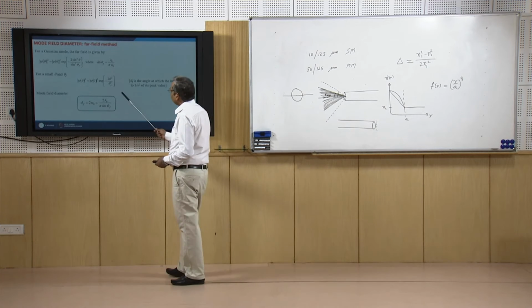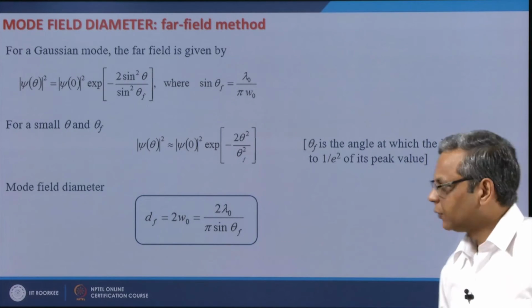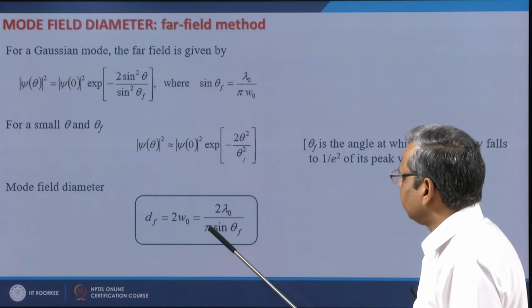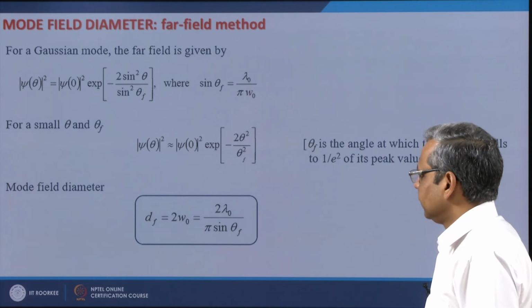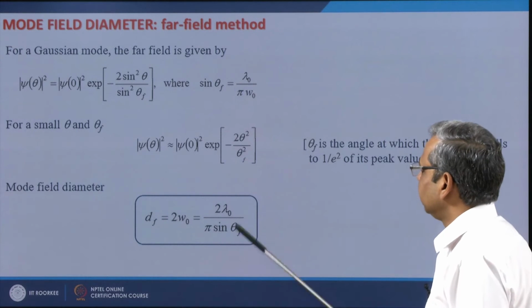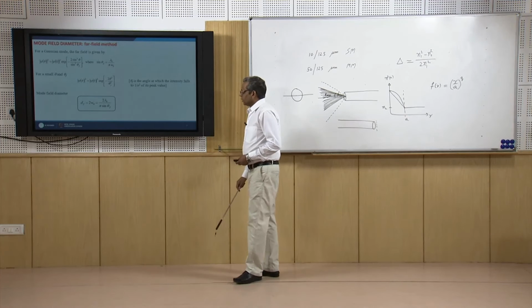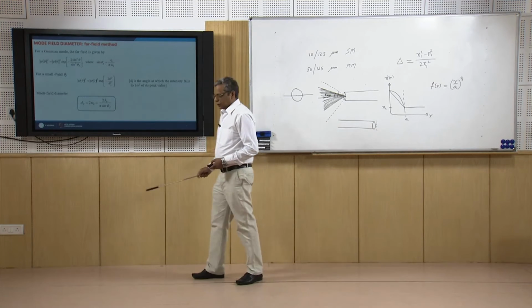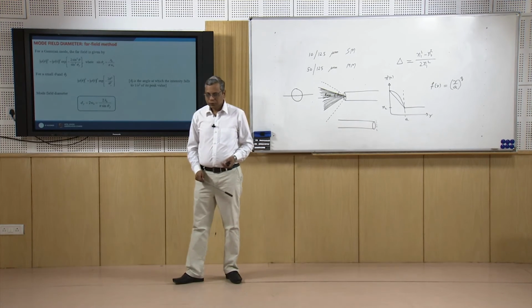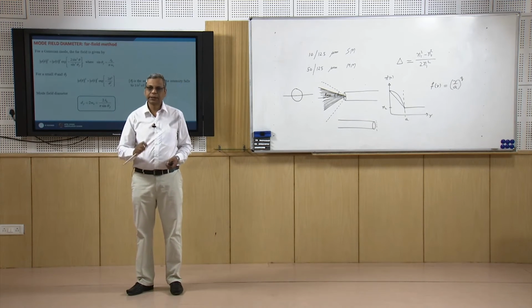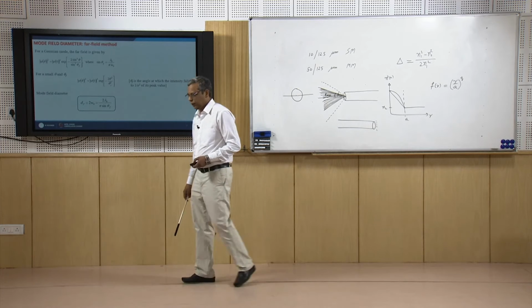So, if I am able to measure this theta f, then I can find out the mode field diameter by this, which is 2 lambda naught over pi sin theta f, which comes from here itself. So, the problem only reduces to measuring the intensity distribution in the far field.